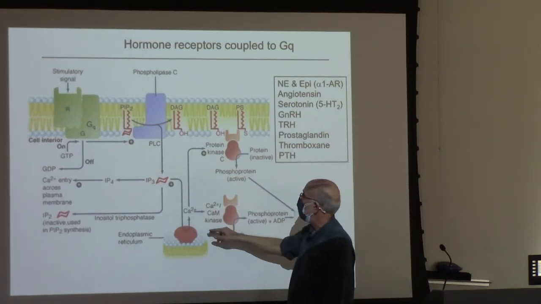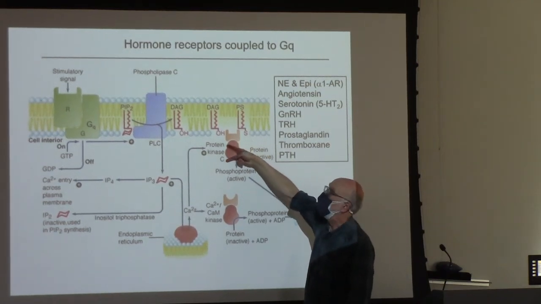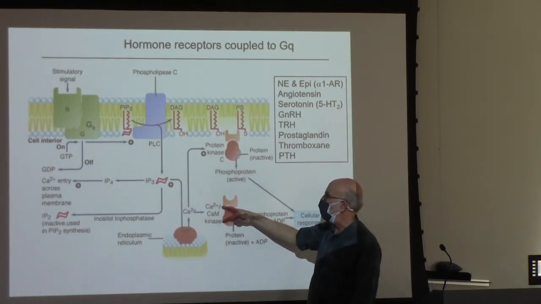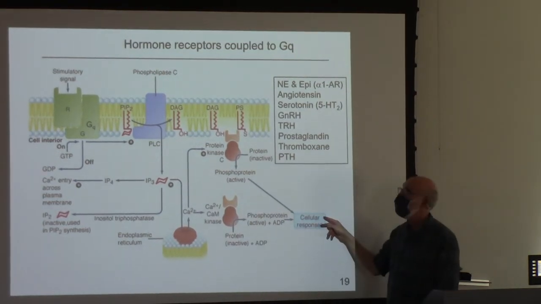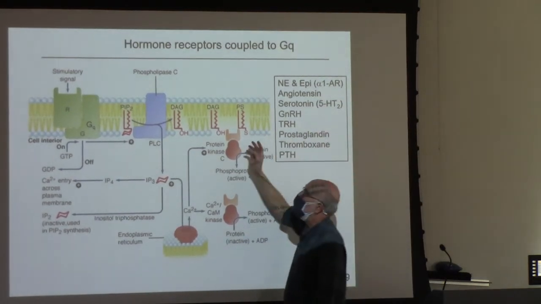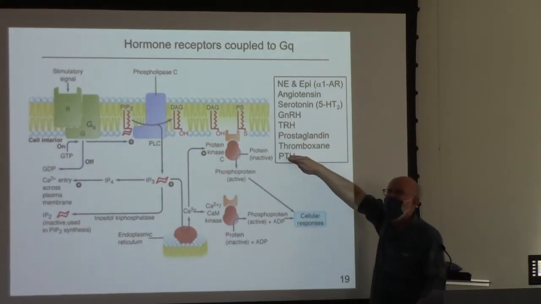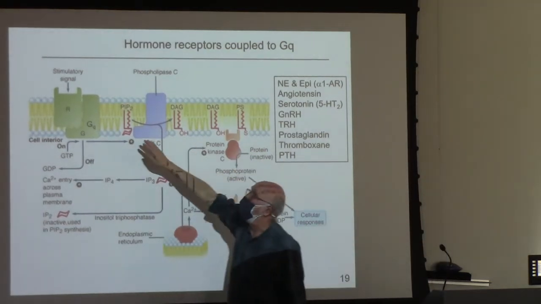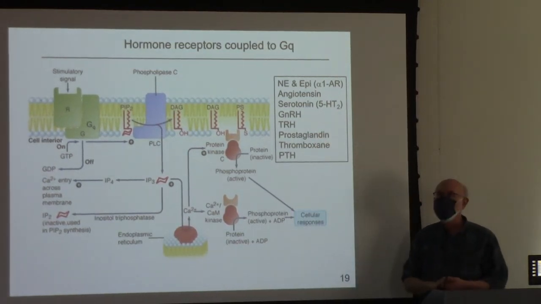IP3, calcium signaling, calcium binding, activating either or both protein kinase C or other calcium binding proteins like calmodulin that activates a kinase. Multiple effects. Again, multiple hormones, all interacting specifically with their receptor, but their receptors all couple to GQ. Do not memorize this list, but be prepared to use the GQ story.